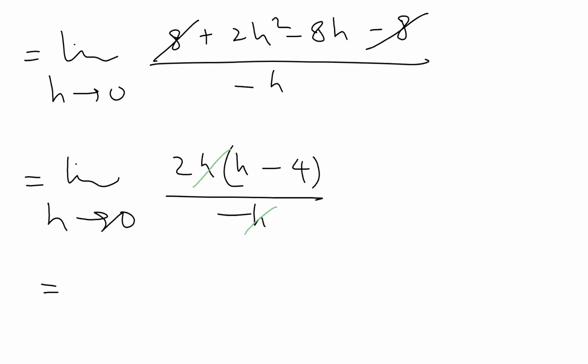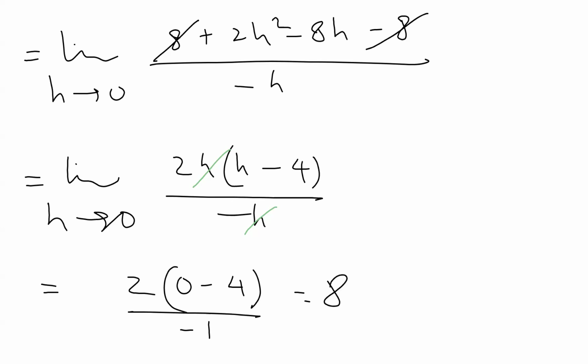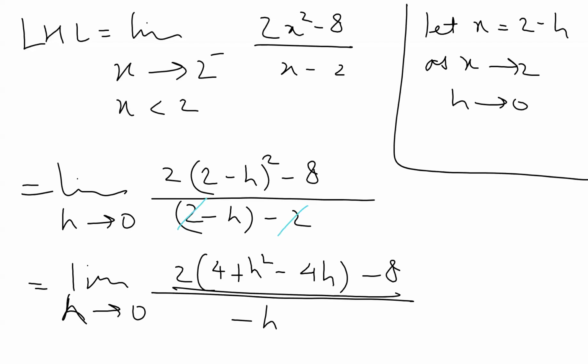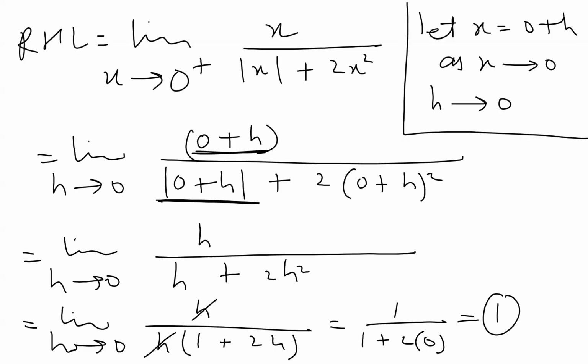Now put the value of h as 0. And down there is minus 1 because there is a minus sign. So minus 4 upon minus 1, that is 4. 4 into 2 is 8. So we got the value of LHL as 8. So what should be f of 2? That is also equal to 8.